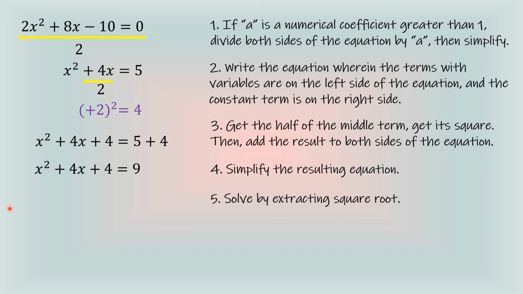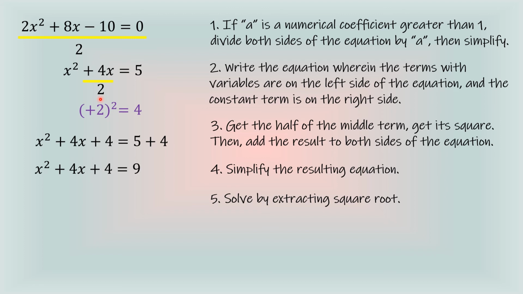Next, solve by extracting square root. Okay, ano ba yung square root or ano yung factors ng x squared plus 4x plus 4? Kung mapapansin nyo, ang 4 ay galing dito. At ang 4 ay galing dito.